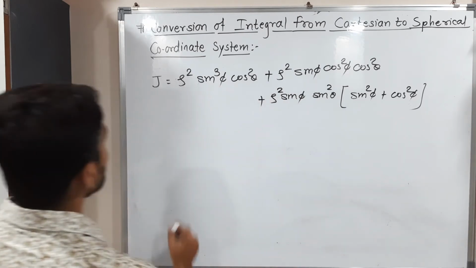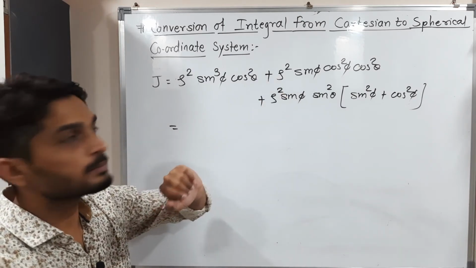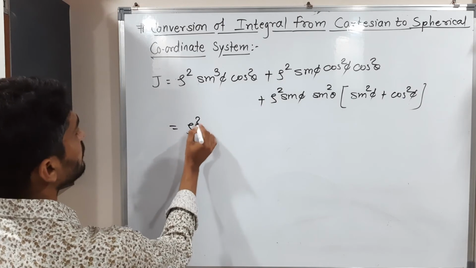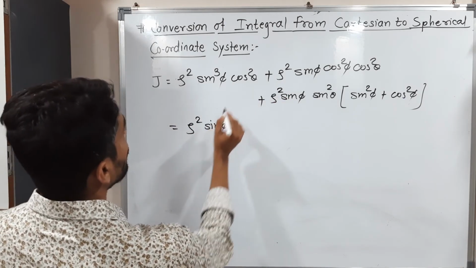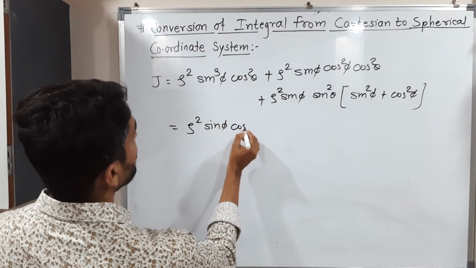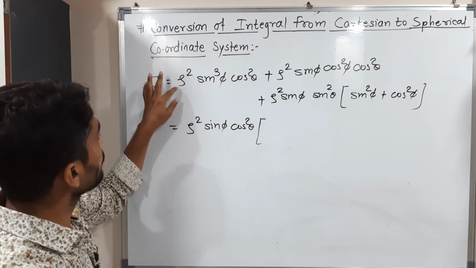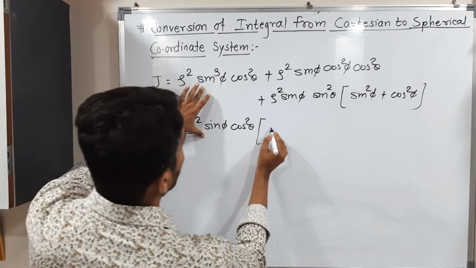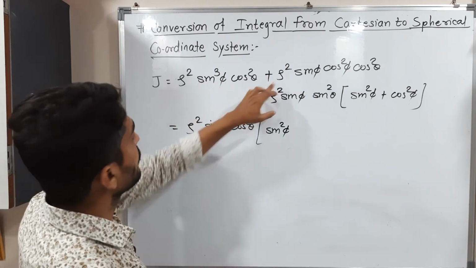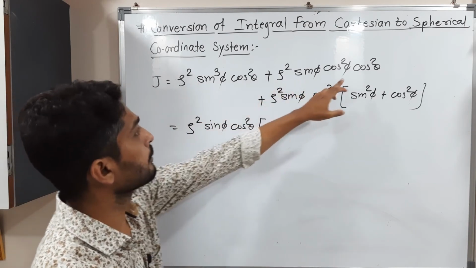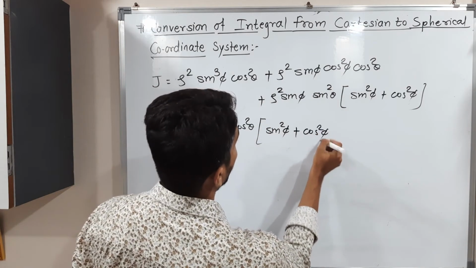Okay, let us continue. So this is equal to, see, tell me what can we take common from the first two terms? We can take rho square common, one sin phi common, and cos square theta common. What will be the remaining then? Sin square phi, and cos square phi.